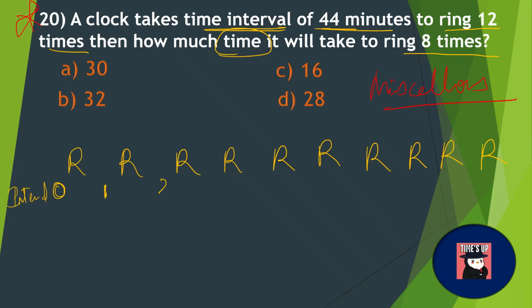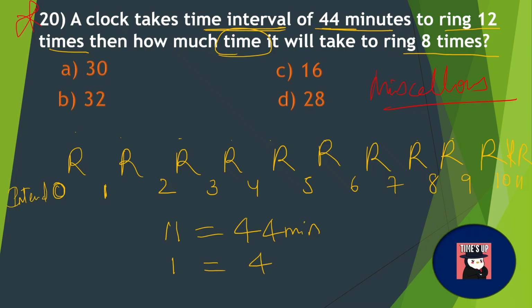This is the second interval, 2, 3, 4, 5, 6, 7, 8, 9, 10, 11, 12. Here 12 will be there. So 11 intervals will be there. Correct? So if 11 intervals take 44 minutes, then one interval will take how many minutes? 4 minutes.